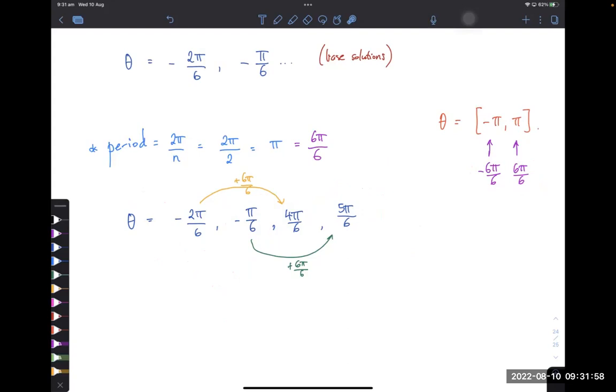Okay. But remember, we didn't simplify, so now, but you can see it's in sequential order, yeah? -2, -1, 4, and 5. But now we have to simplify. And this is in sequential order.